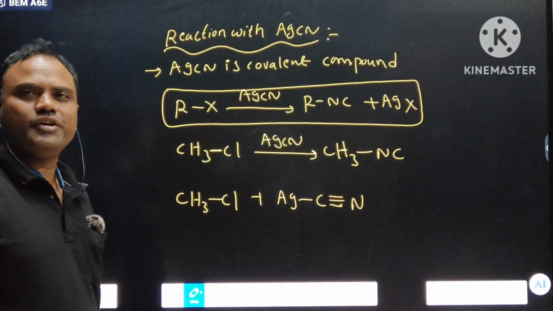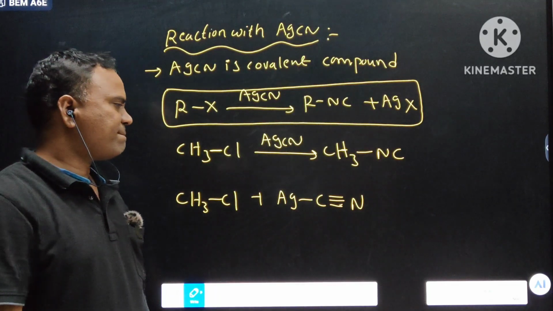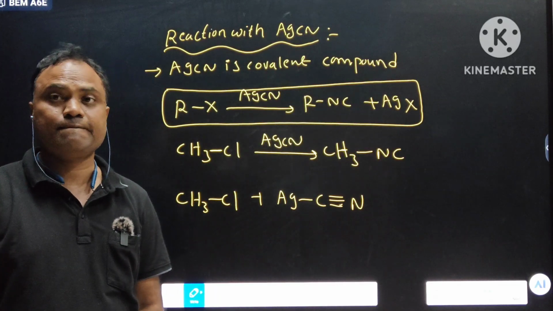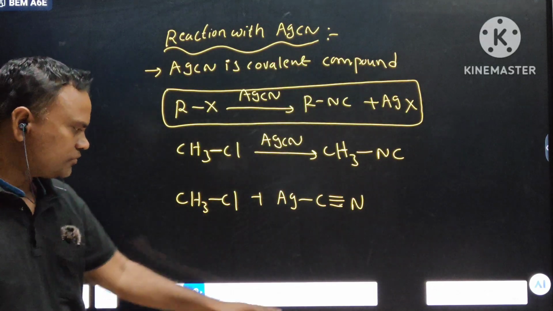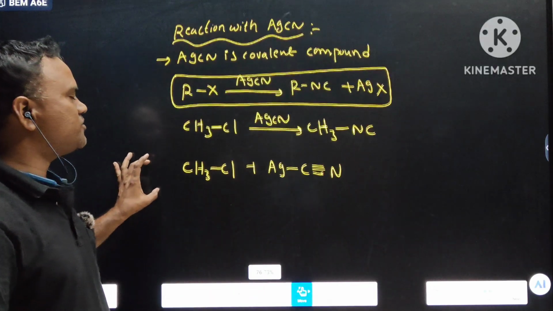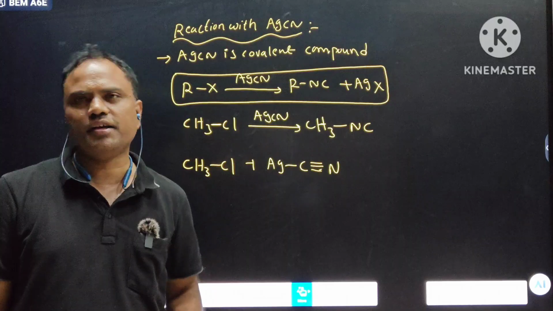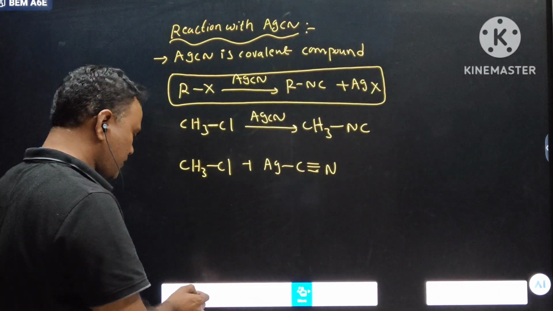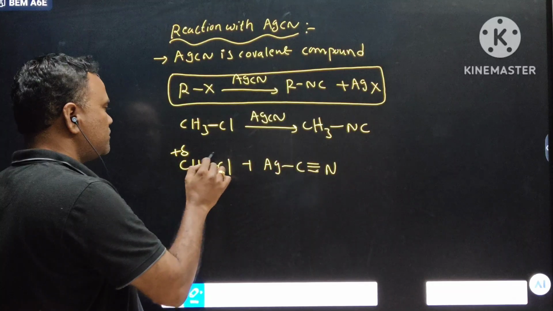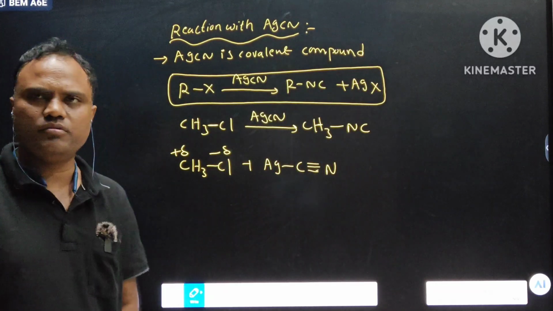So it is not undergoing dissociation, right? That's why carbon is not getting a negative charge. But you tell me, this carbon is having positive charge, and this is having negative, right?